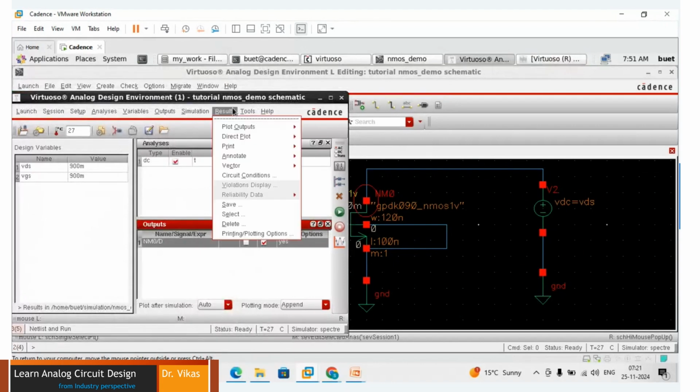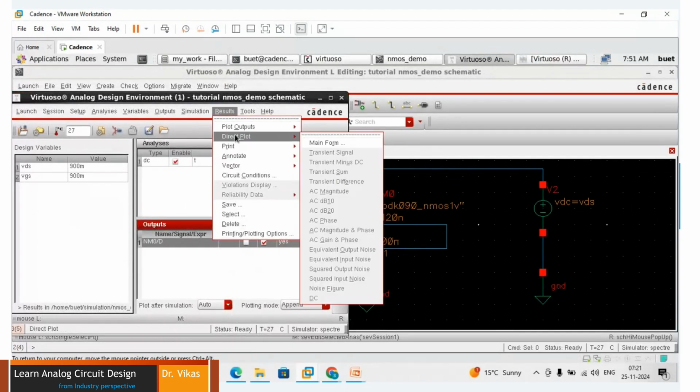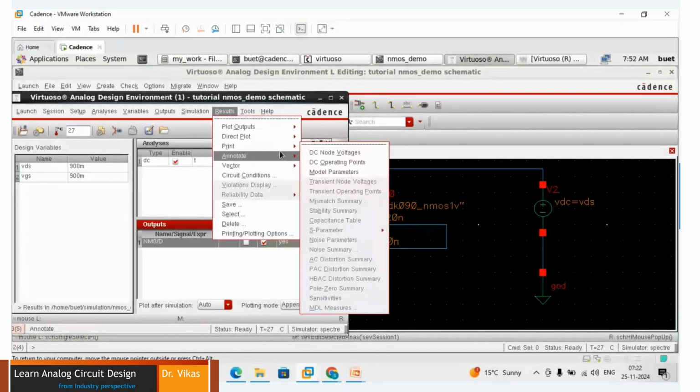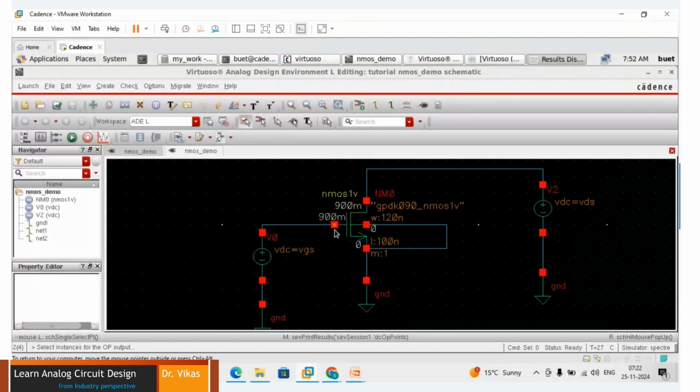Now to ensure the parameters of threshold voltage or the saturation voltage, you have to go to the results. There is a print option over here, and then there is a DC operating point. Click on this and it will direct you to this particular window. Click on this MOSFET.